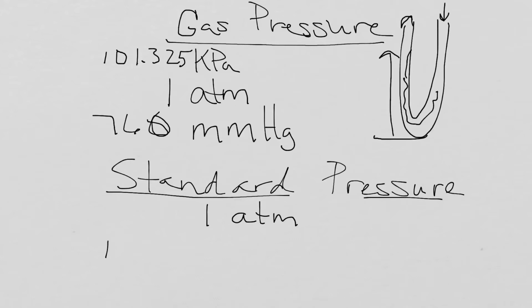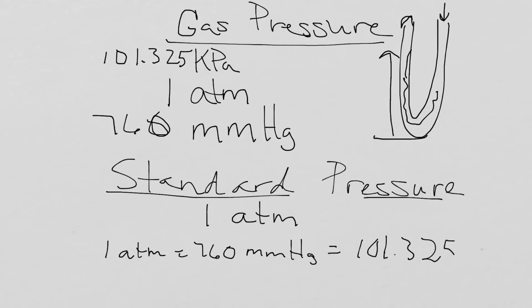So that means 1 atmosphere equals 760 mmHg. But it also equals, and both of those equal, 101.325 kPa. Which means if we're doing a conversion, any of those can be used as our conversion factor.